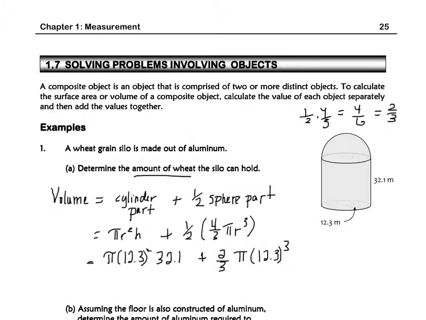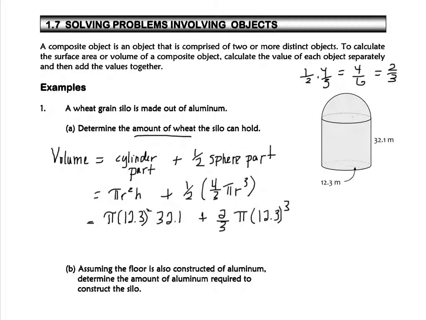Filling in our values, we have 12.3 squared times pi times 32.1.